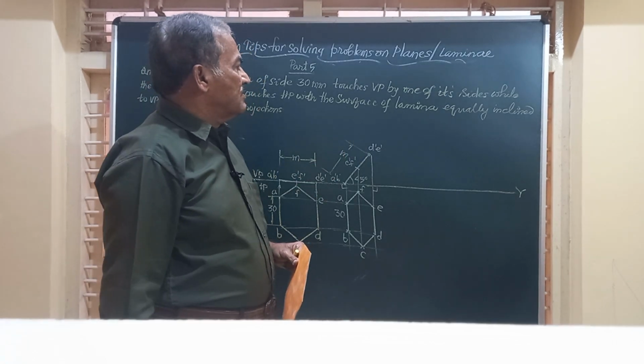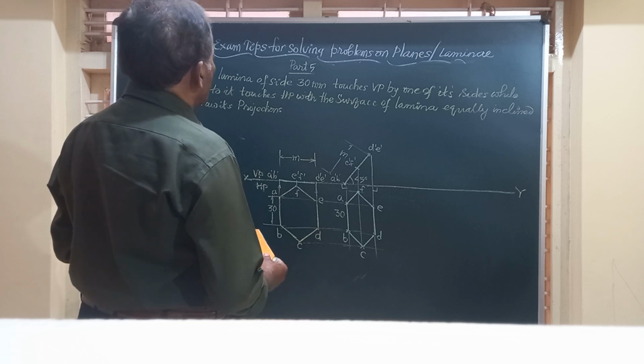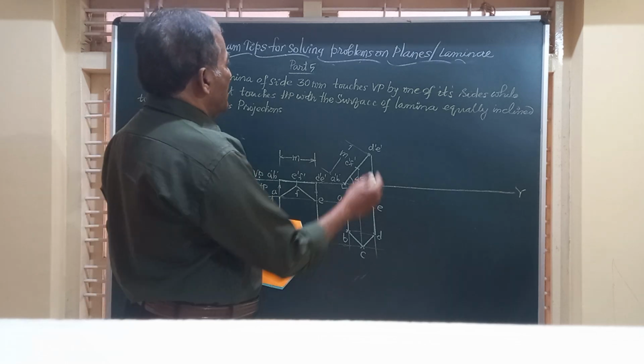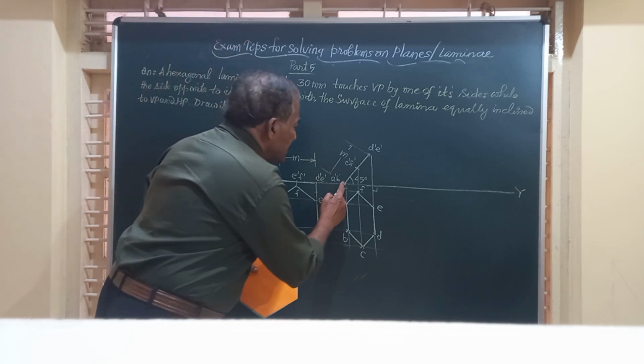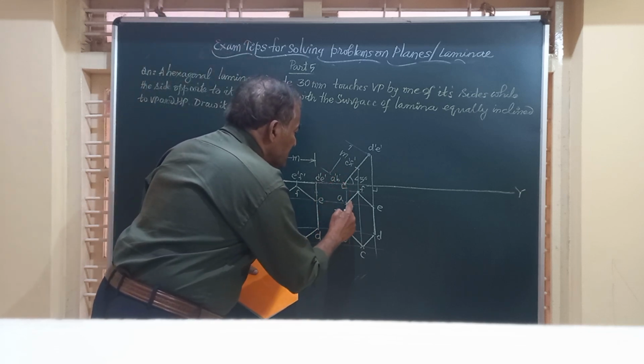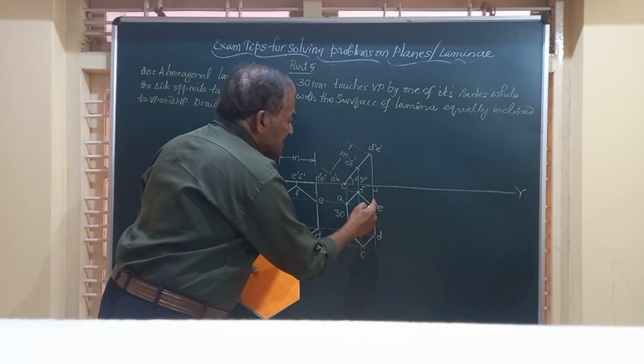Now friends, what does it say in the question finally? It touches HP by one of these sides and the opposite touches VP. Friends, the side on HP is AB, that AB is here, and the side on VP is ED.